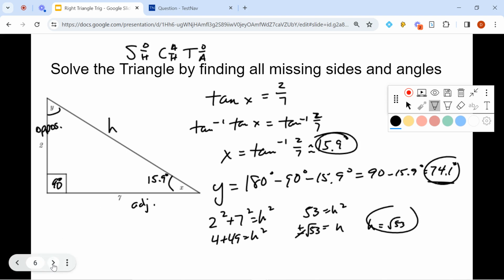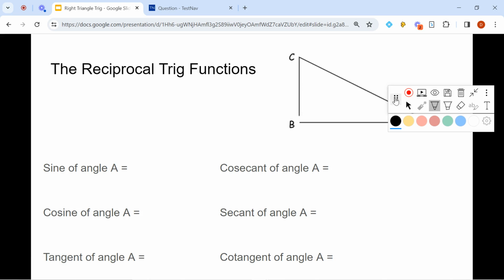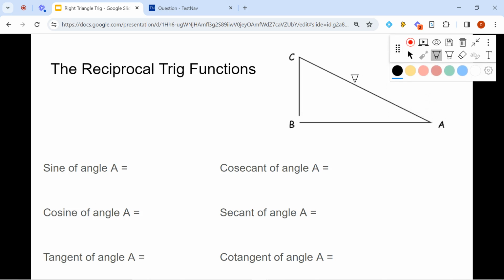All right, so let's keep going. What you learned here, I think in Algebra 2, maybe not in Geometry, was the reciprocal trig functions. We already know the sine is the opposite over the hypotenuse, the cosine is the adjacent over the hypotenuse, and the tangent is the opposite over the adjacent. But now you introduce the reciprocal trig functions, which are the reciprocals of all these.